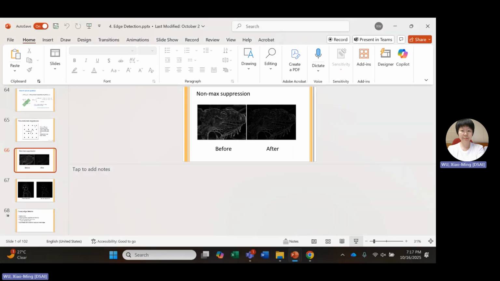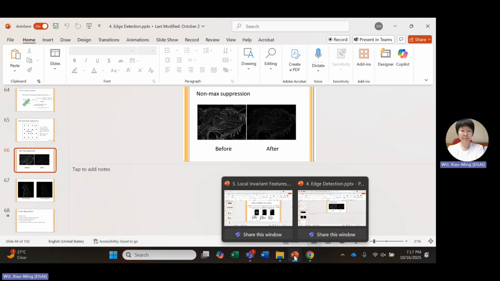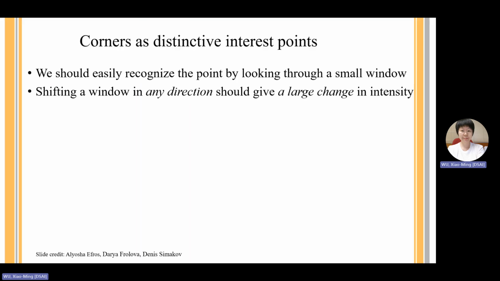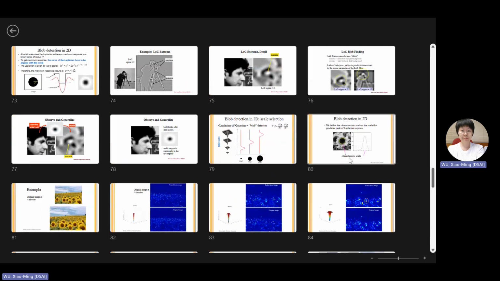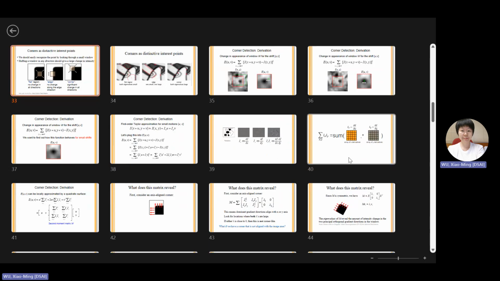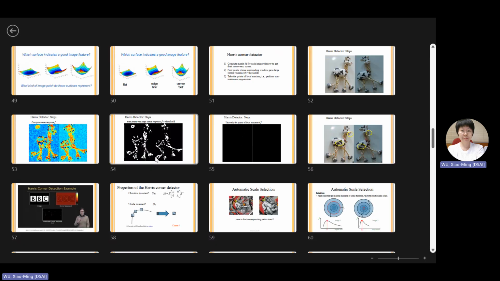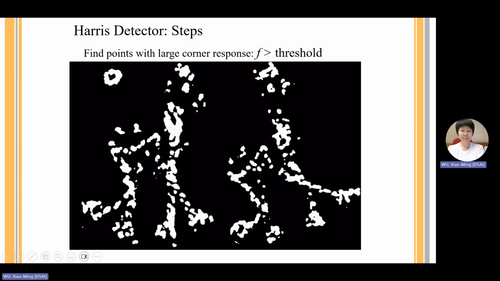So similarly, we want to do the same for corner detection. After we threshold the corner response map, we obtain the corner pixel map.